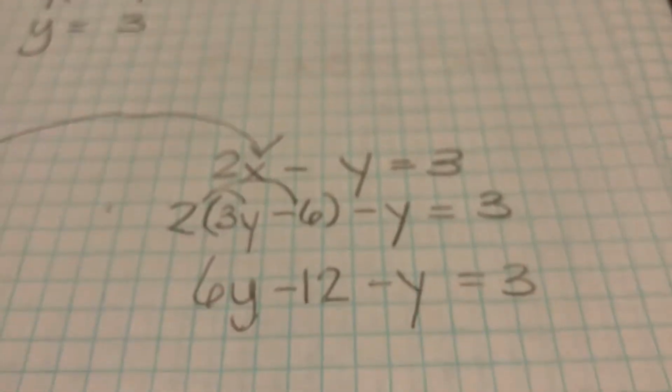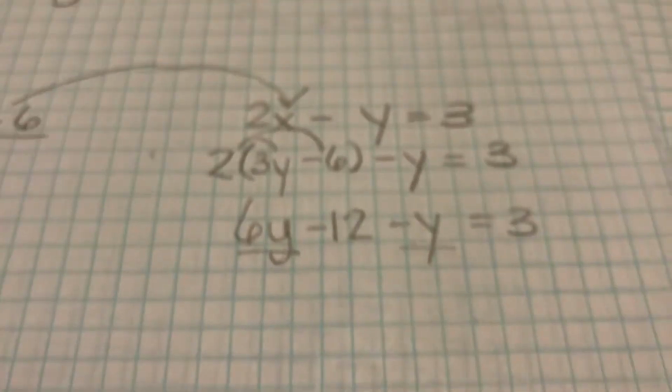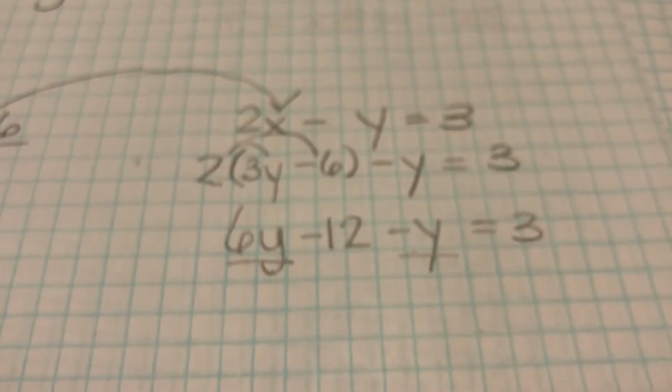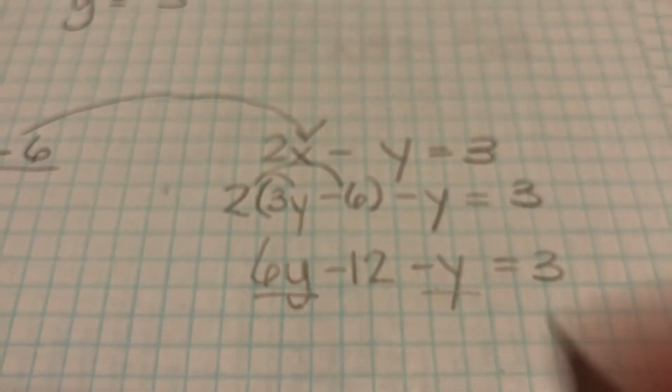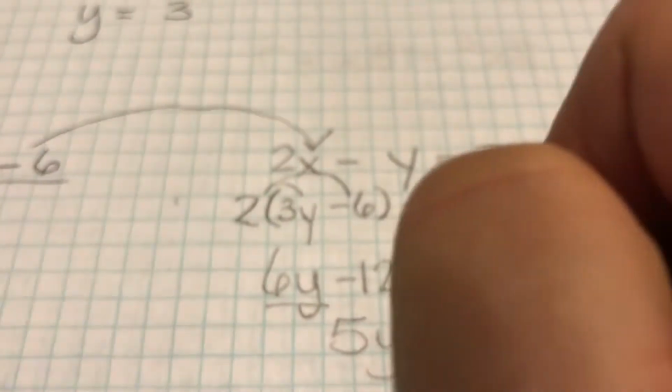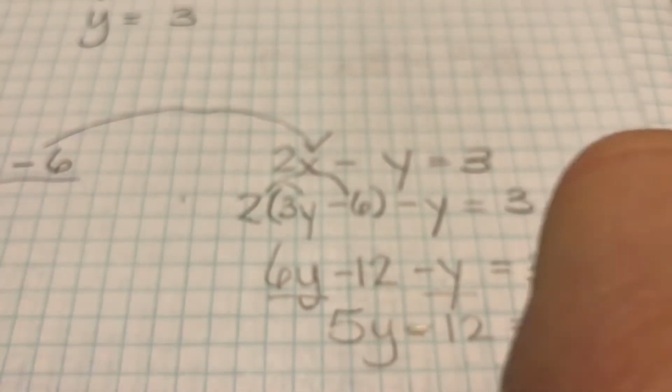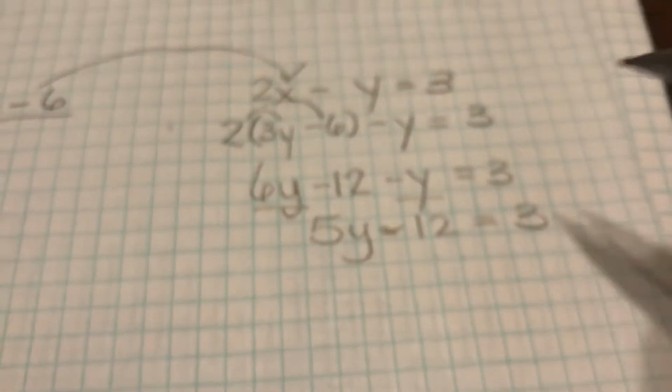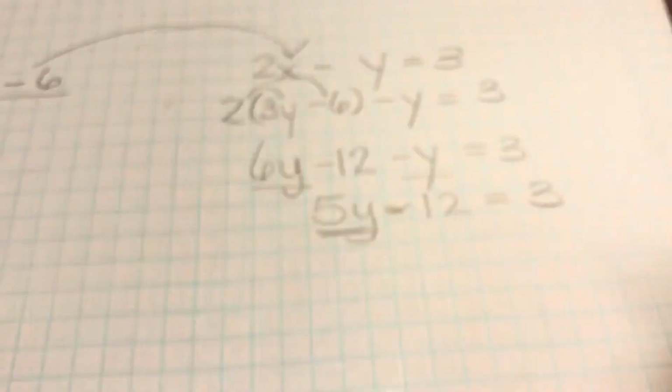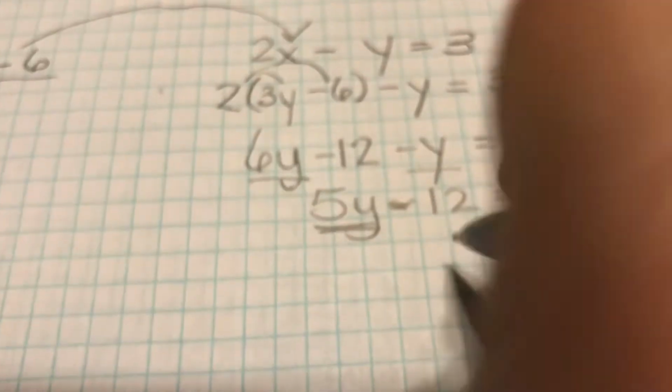We did distributive. Our next step is we combine what we can combine before we start moving across the equal sign. I can do 6y minus y, and that's just going to give me 5y minus 12 is equal to 3. I can't do anything to that y yet because I've got to get rid of the outside stuff.